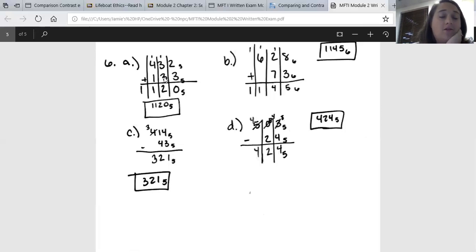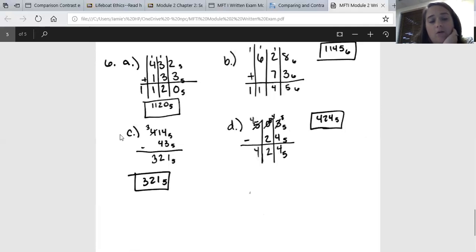Yes, 7. And then you can't have above 4, so you carry that 5, and that's 2 remaining. And then, so we carried that, and that's 5 plus 1, but we can't have 5, so we have to carry another 1, goes over there. And again, this is done the same process in B.